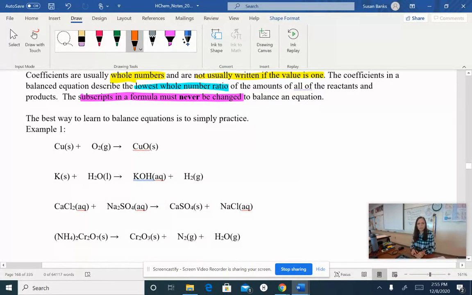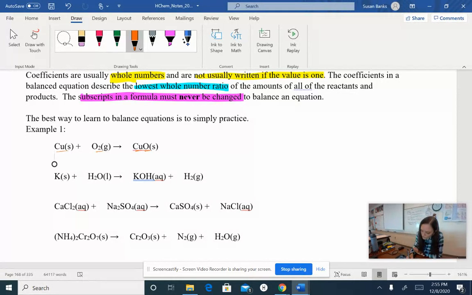Now, I like to go through element by element and just look and see what's on both sides of the equation and see what coefficient I need to play around with, okay? So we are going to just go element by element. So in this first example right here, we've got 1 copper on our reactant side, and we've got 1 copper on our product side. So we're good. Here we've got 2 oxygens on our reactant side, and I've only got 1 oxygen on my product side. So what can I multiply my product side so that I can get 2 on both sides?